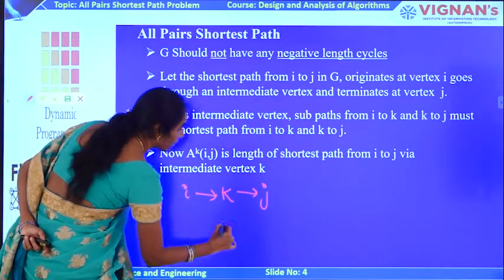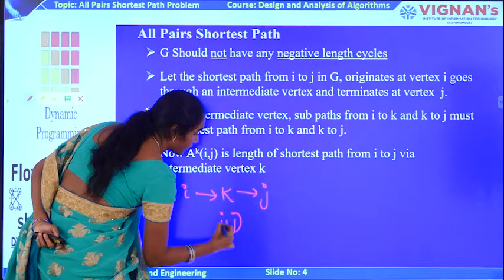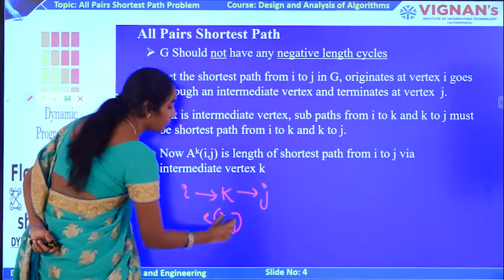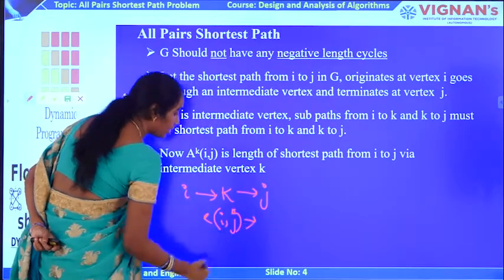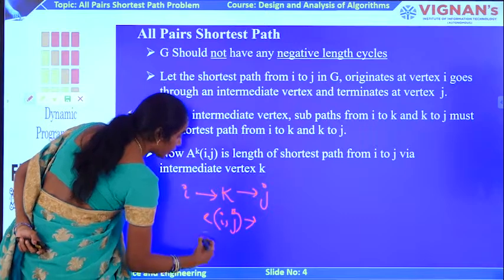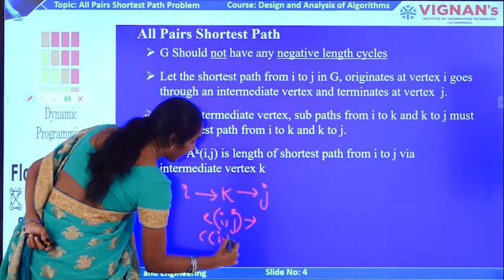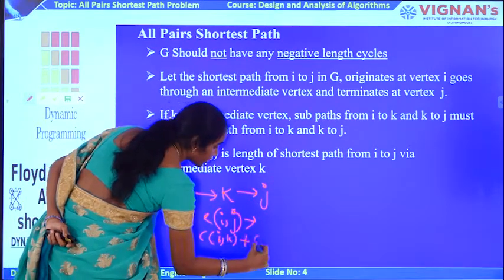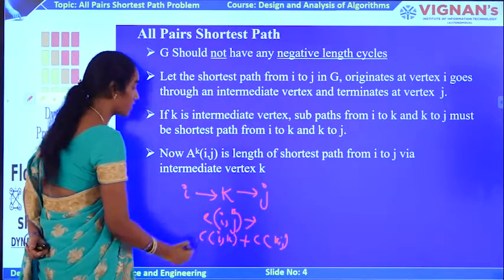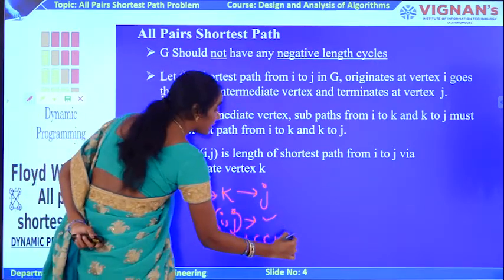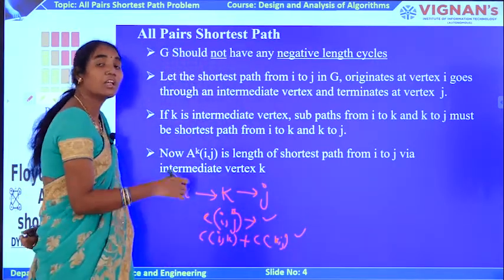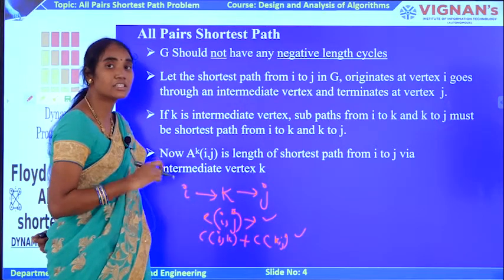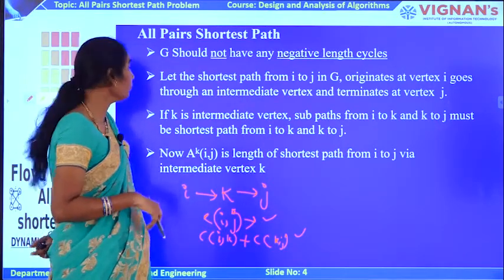Initially, I will find out the cost from i to j. Now, I will also find out the cost from i to k and k to j. Whichever yields the minimum value, that shortest distance I will consider as the distance from i to j.